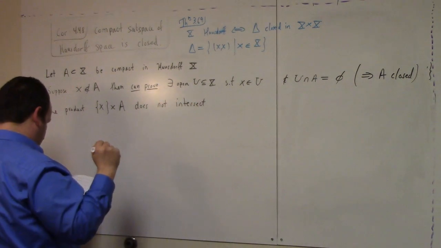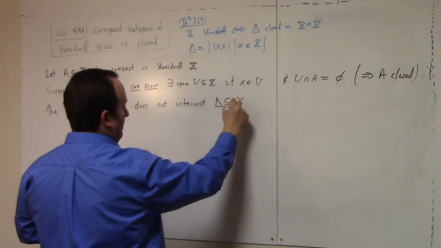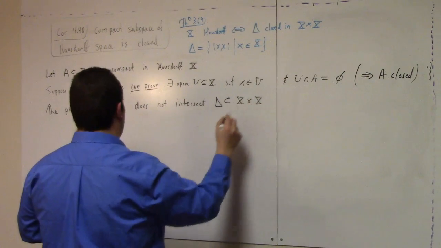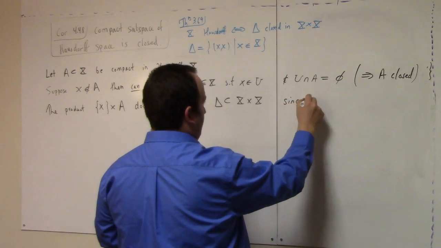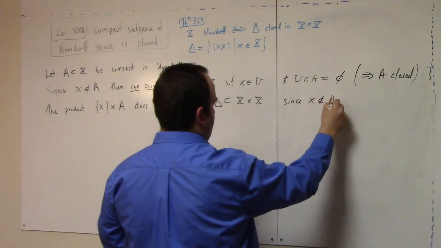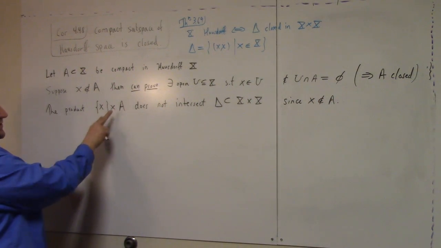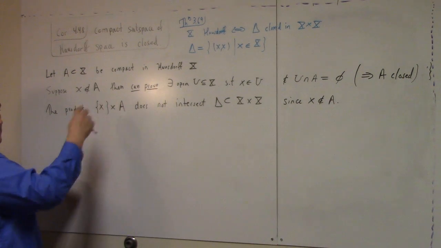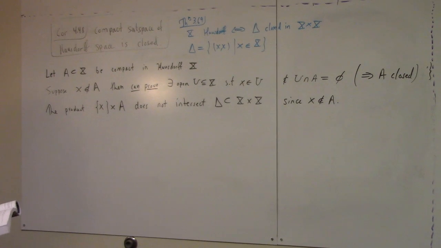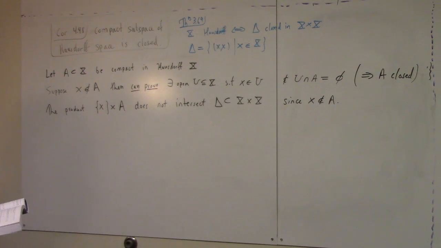It does not intersect the diagonal because x is not an element of A. The diagonal is points (x, x), so if x is not in A, you don't have the pair (x, x) in the intersection, which is the only thing you could hope to find in the diagonal, because the only pairs you have here are ones with the first component being x by construction.